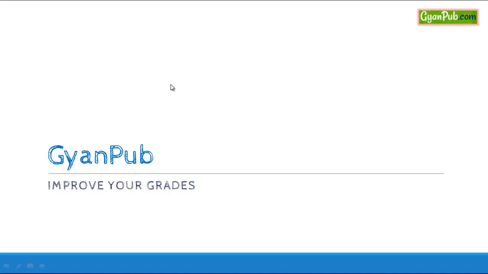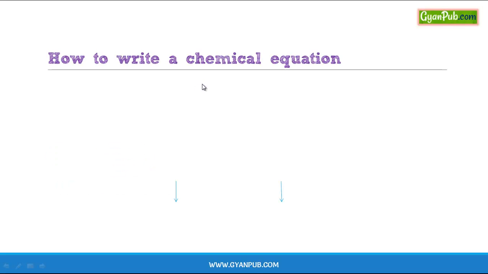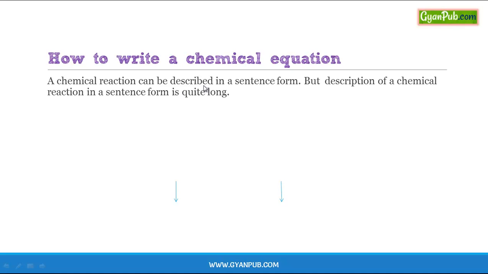Now let us discuss how to write a chemical equation. We said that a chemical equation is a simple way to describe a chemical reaction. A chemical reaction can be described in sentence form. If a magnesium ribbon is heated under oxygen, it gives magnesium oxide powder.